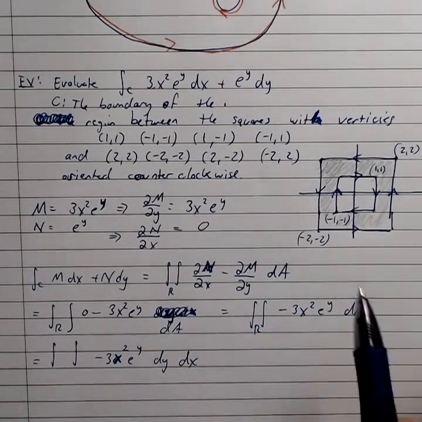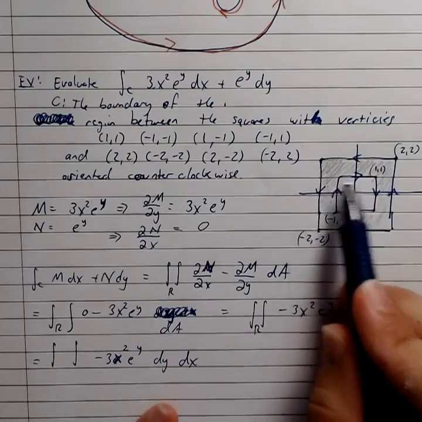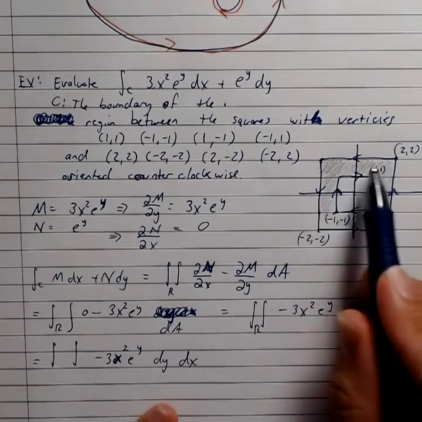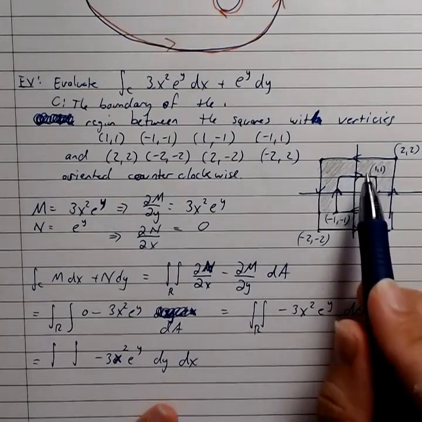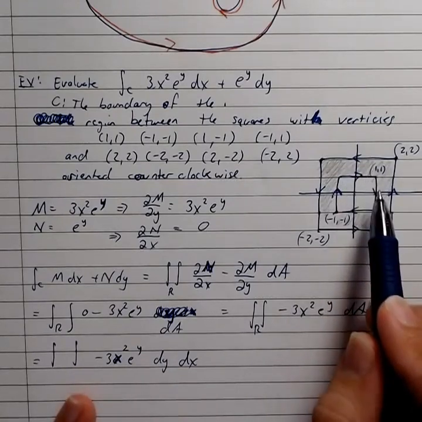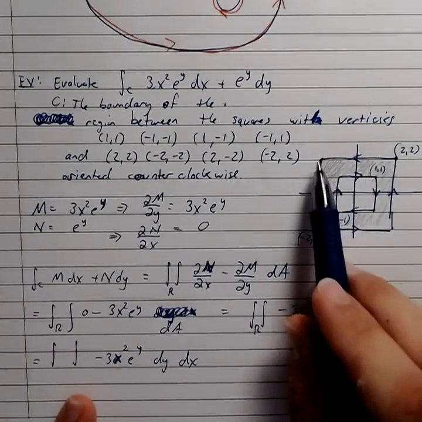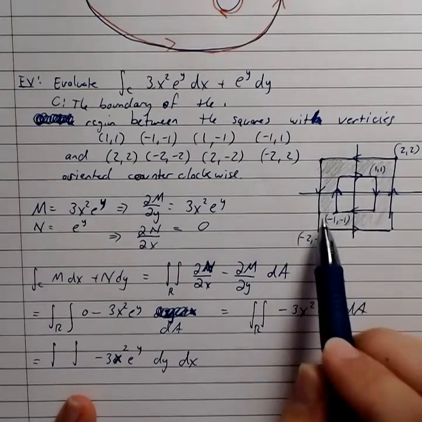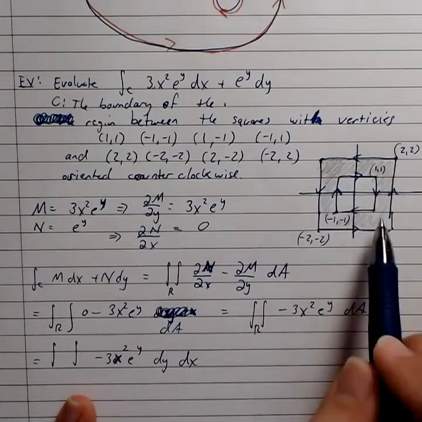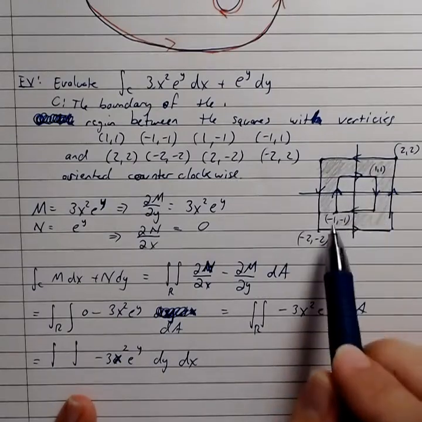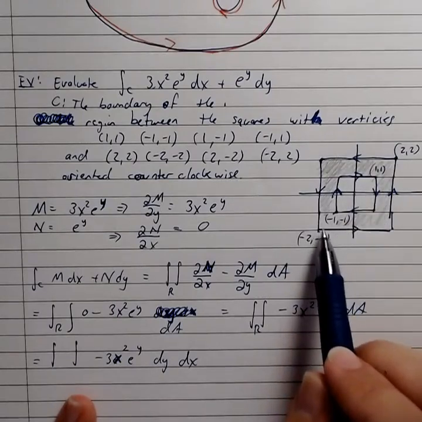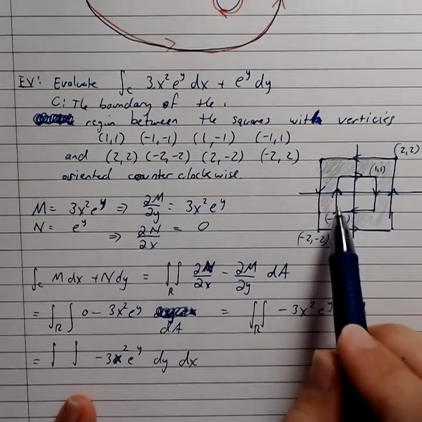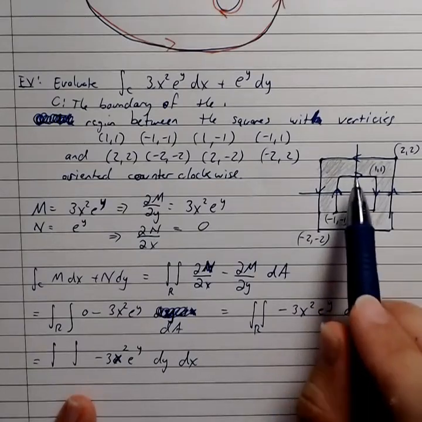Now at this point, we have a couple of options. One is, well, we note that there's not a convenient way of expressing all of this region with just one set of boundaries. Yeah, it's true that the x values and the y values are all constants, but this kind of ruins it, because I can't really say y goes from -2 to 2, because it doesn't do that all the way through.